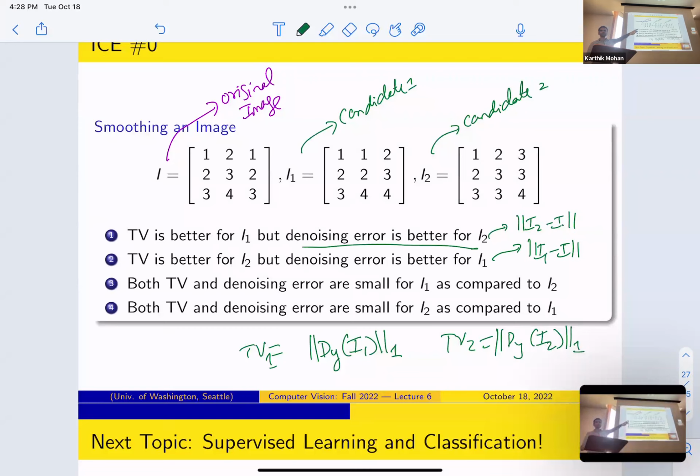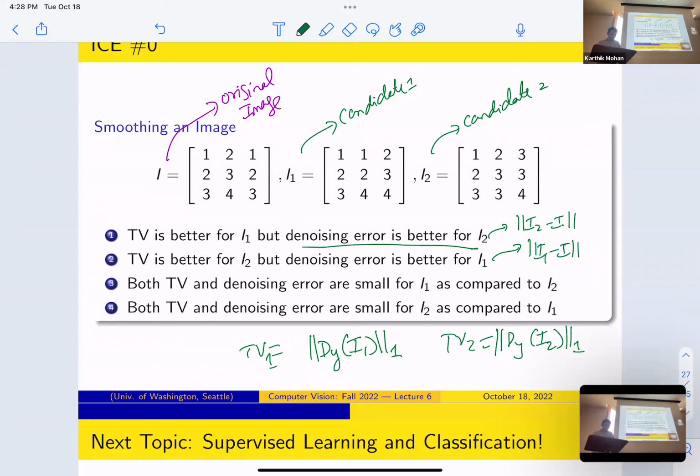So if TV of I1 is smaller than TV of I2, does that mean that TV is better for I1? Lower is better, right? Because that means you don't have much changes in the gradient. So in both the cases, the metric of lower is better for the purpose of denoising, being close to the image, or for the purpose of making it smooth.